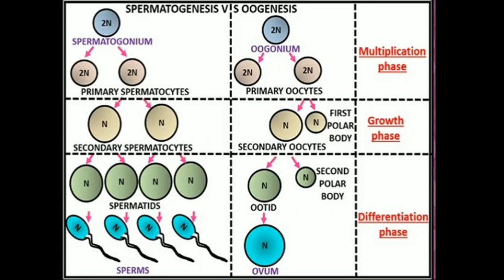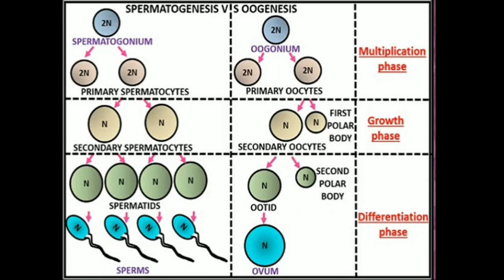Then another point of difference. The secondary spermatocyte undergoes meiosis 2, resulting in the formation of 4 spermatids, whereas the secondary oocyte undergoes second meiotic division, resulting in the formation of a large ootid and a small polar body. Hope you got that difference.